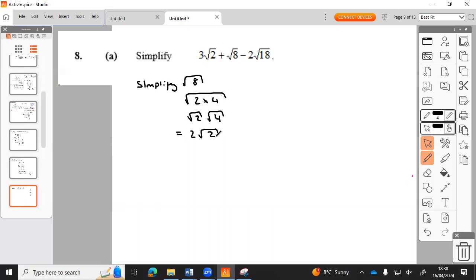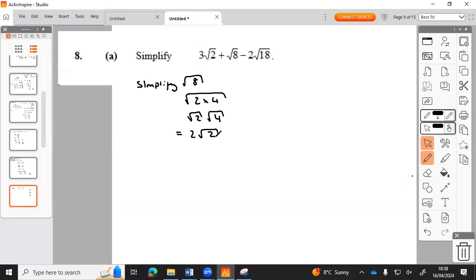Okay, so underneath the root sign, I'm looking to break that number up into a multiple. One of those numbers should give you a whole number when you root it. So when I do root 4, I'm going to get 2. Okay. So I'm going to be left with 2 root 2. That is a good place to be because it gives me a root 2.